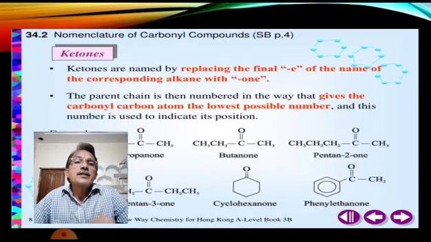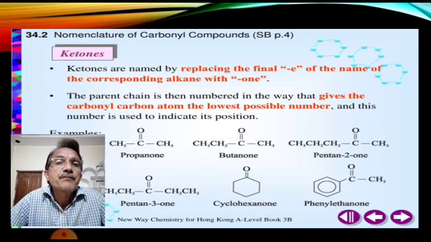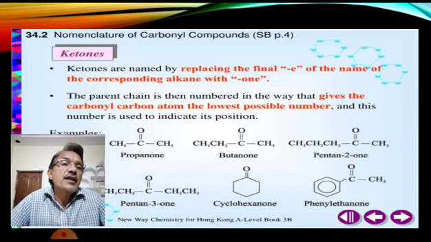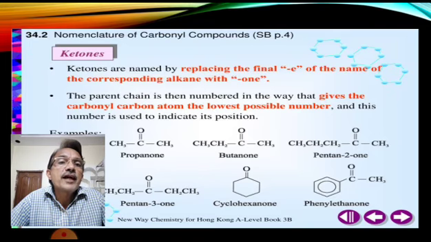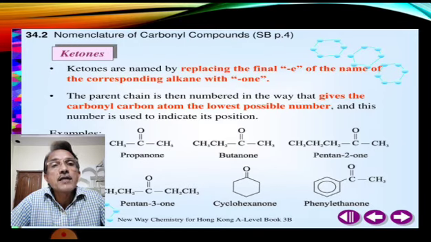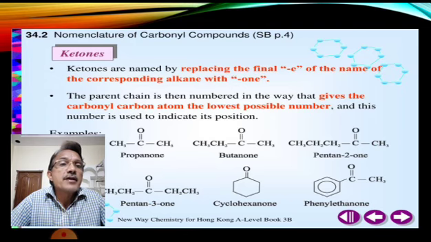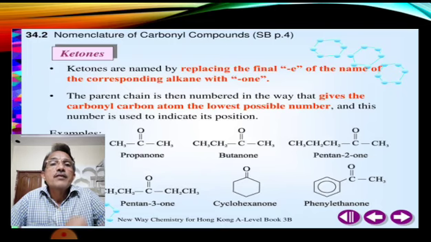Now let us see the nomenclature of ketones. Ketones are named by replacing the final E of the name of the corresponding alkane with -one. The parent chain is then numbered in the way that gives the carbonyl carbon atom the lowest possible number, and this number is used to indicate the position.